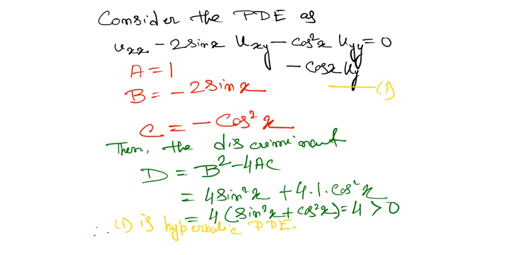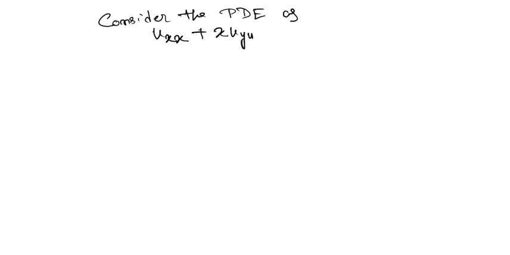Now again, let us take another problem. Okay, let me change the color. Consider the PDE given in this form: uxx plus x into uyy equal to 0 whenever x is not equal to 0.